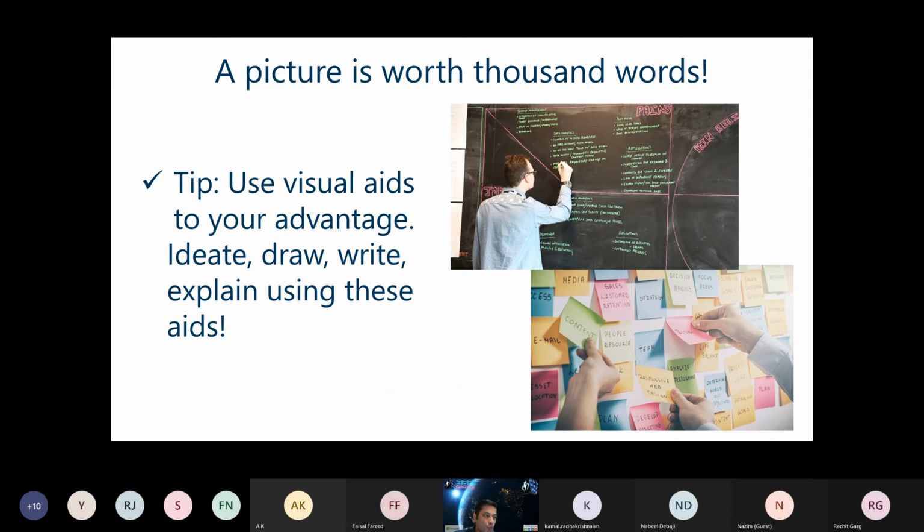So use visual aids to your advantage during requirements gathering, during requirements workshops, using visual aids such as writing boards, posters, post-it notes, colors, diagrams, flowcharts, anything which is visual, because that will explain the scenario, that will explain the perspective way quicker than using words, believe me.